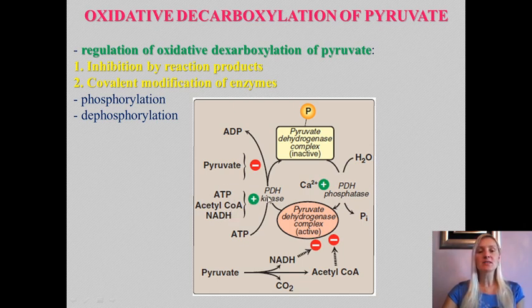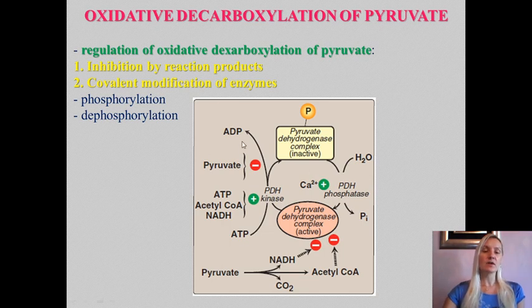Here they are going to stimulate and activate PDH kinase, which is going to stimulate the phosphorylation of pyruvate dehydrogenase and slow down the process. So if you have a lot of energy in a cell, a lot of acetyl coenzyme A or reducing equivalents, this is going to be a signal for this pathway: okay, let's phosphorylate, let's slow down a little bit.